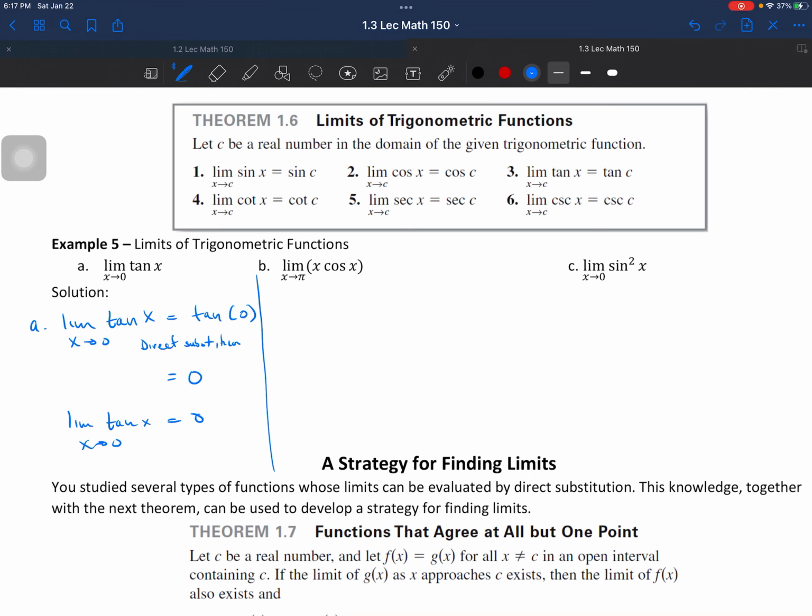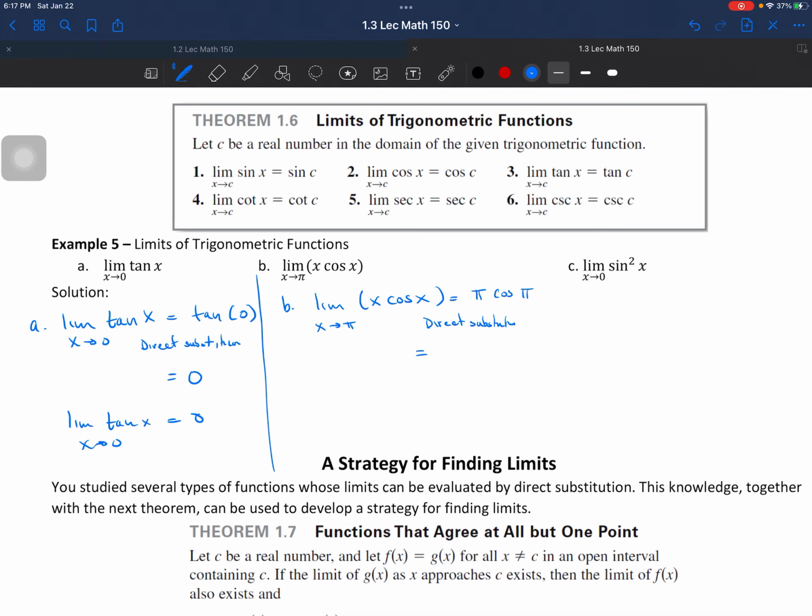So far so good. We'll try the next one. The limit of x times cosine of x as x approaches pi. Again, we're going to use direct substitution. So we're going to have pi times cosine of pi.